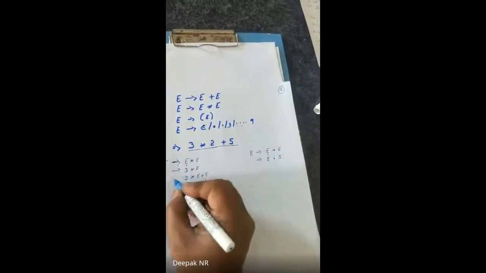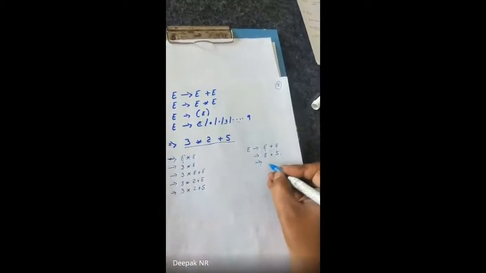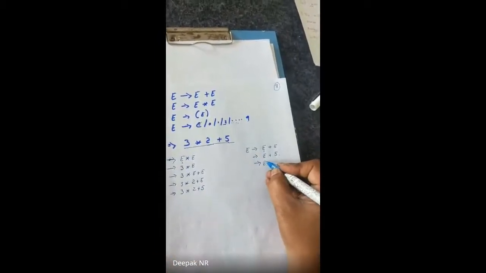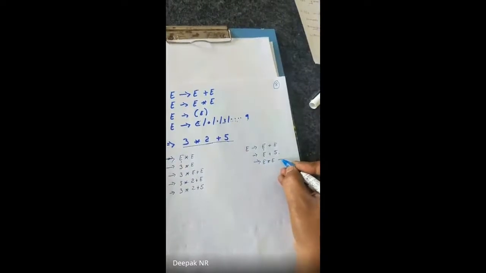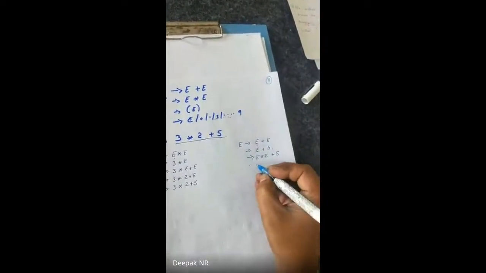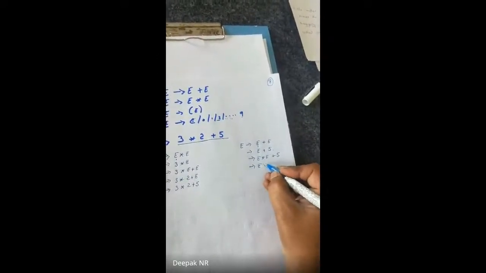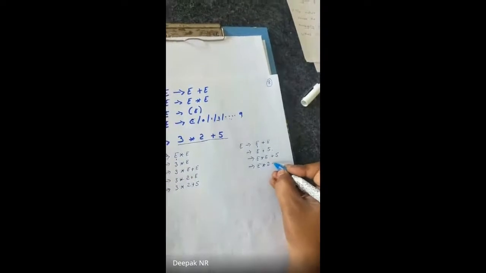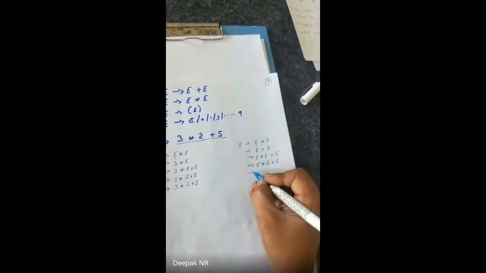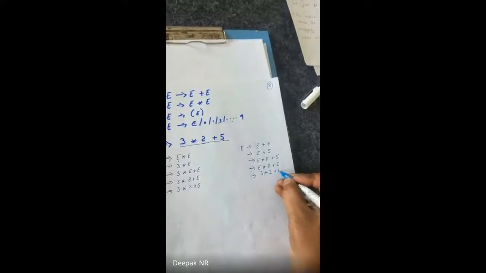I'm sorry, I forgot to write an arrow mark. Please do it. Next, this E I write as E star E plus 5. Now again, I write this as E star 2 plus 5. Now again, I write this as 3 star 2 plus 5.